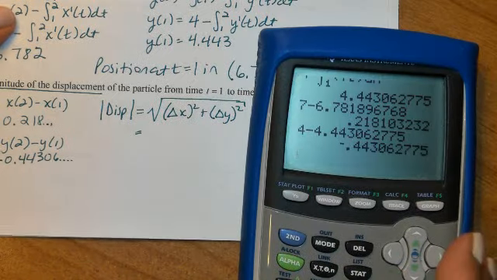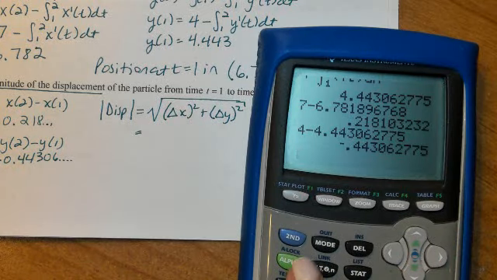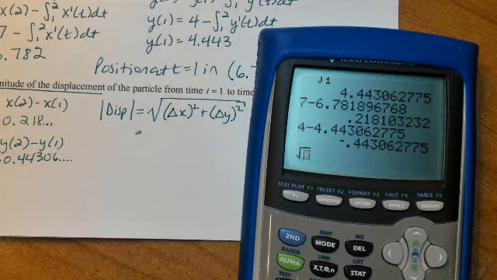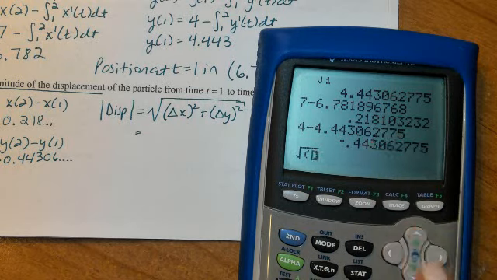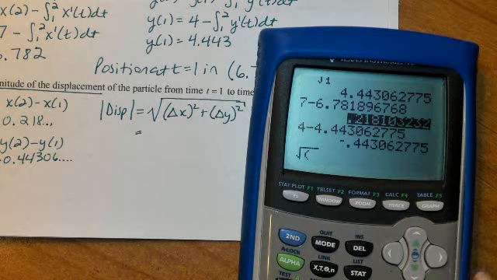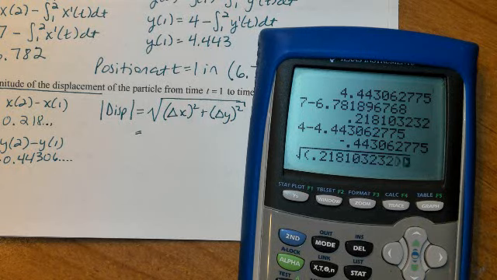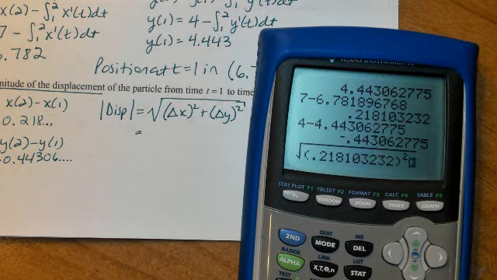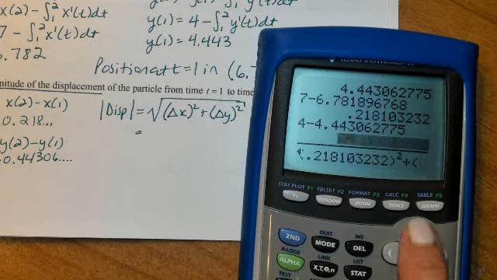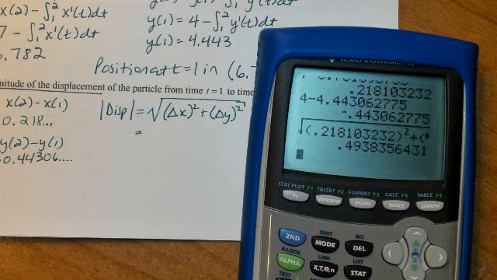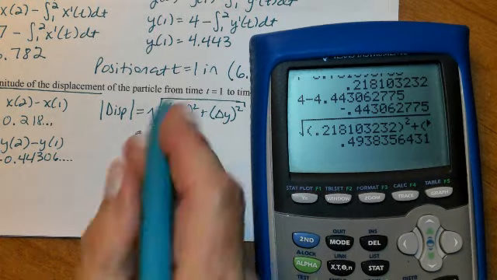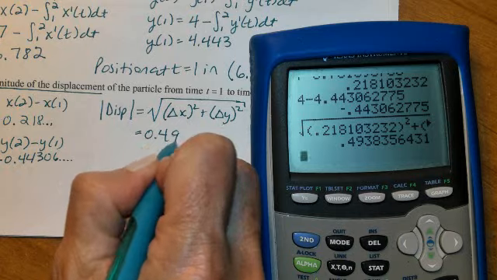So I'm going to have the square root of parentheses, I'm going to go grab that 0.218 number squared plus delta y squared, and that will give me the magnitude of the displacement, 0.494.